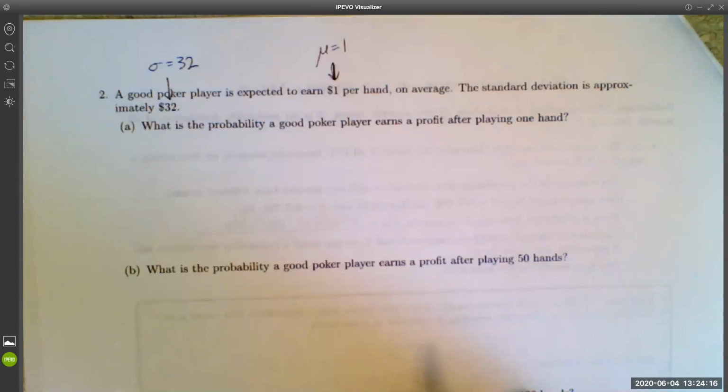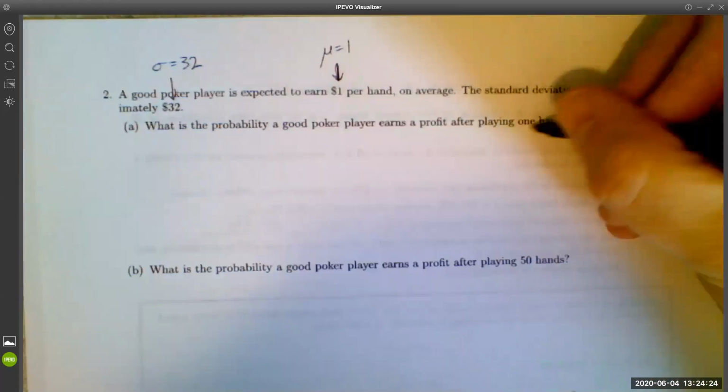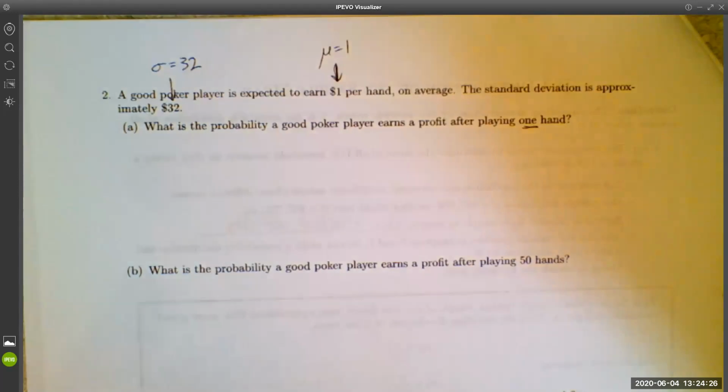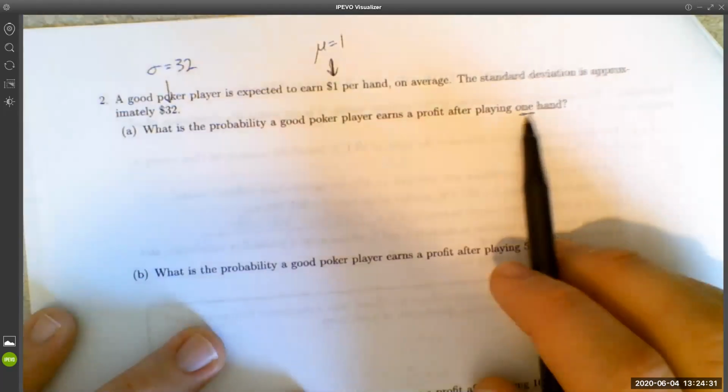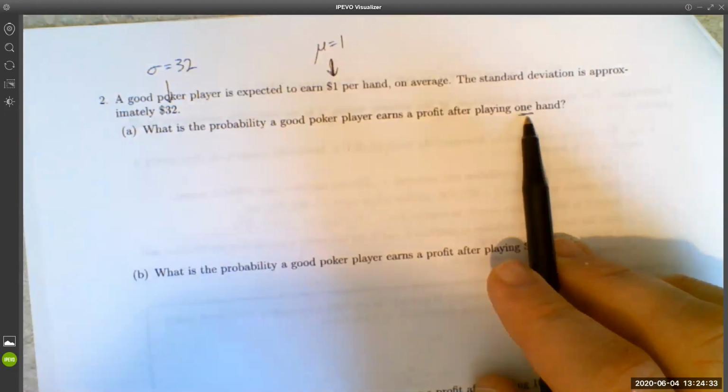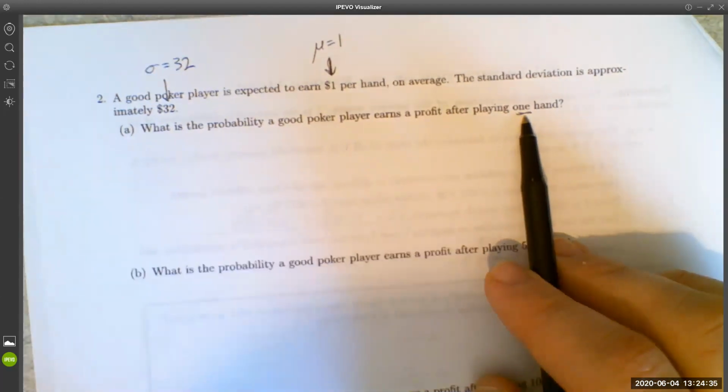Now, part A says, what is the probability that a good poker player earns a profit after playing one hand? After playing one hand, our sample size is 1, so this is just a probability involving a single observation.